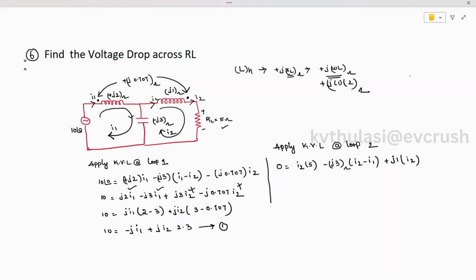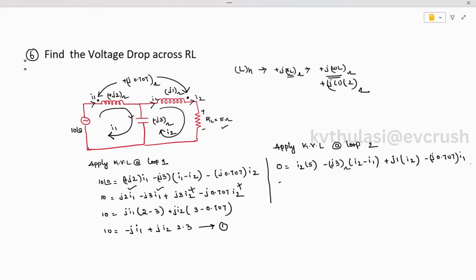You can see here current is entering the dot and here current is leaving the dot. This is with respect to the primary coil, therefore you are going to get I1. So one is entering, one is leaving, automatically you will get the negative polarity.